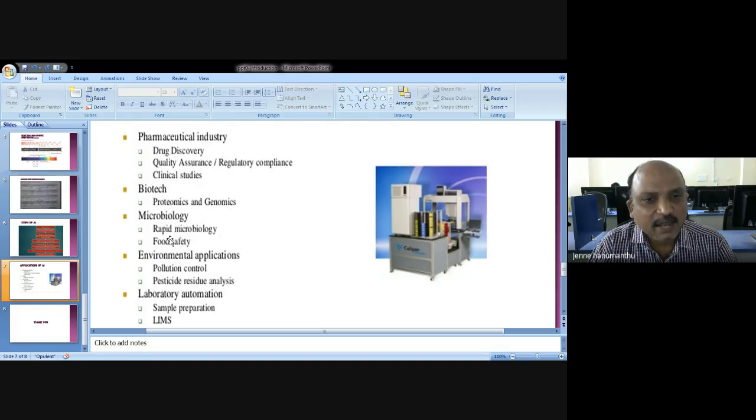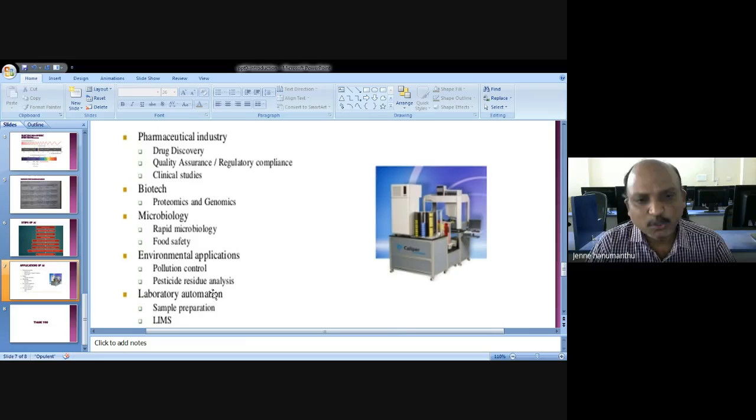Microbiology sites: rapid microbiology, food safety. Under this, you can use this analytical instrumentation. Environmental applications like pollution control and pesticide residue analysis. The farmers are using some pesticides. You want to analyze how much urea is available and other chemical parameters, whether they are in the right manner or not.